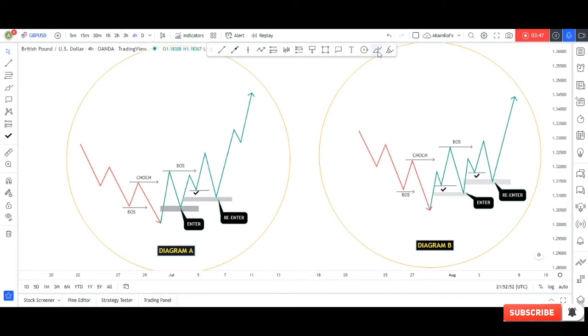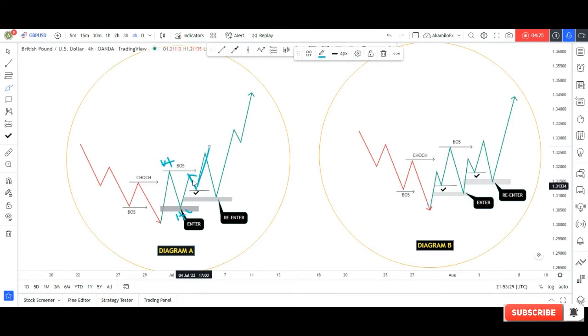When price gives this higher low, it pushes to the upside and creates this high, but this high couldn't break the previous higher high. It gives us a little pullback and then breaks to the upside. So here is now the BOS.